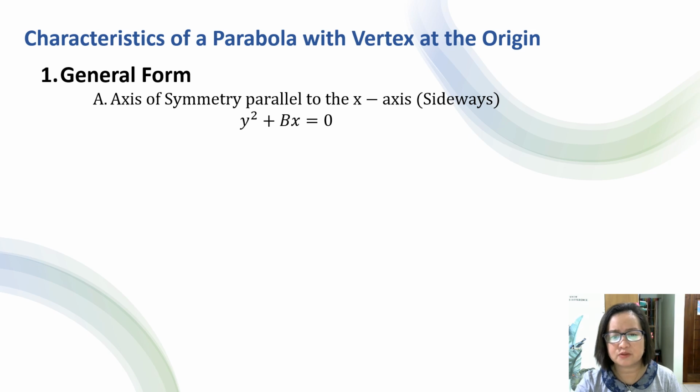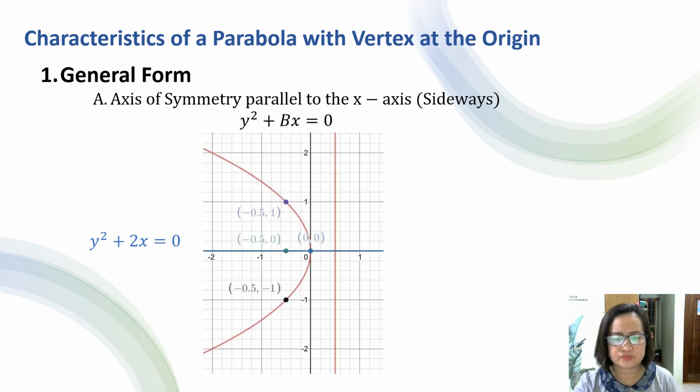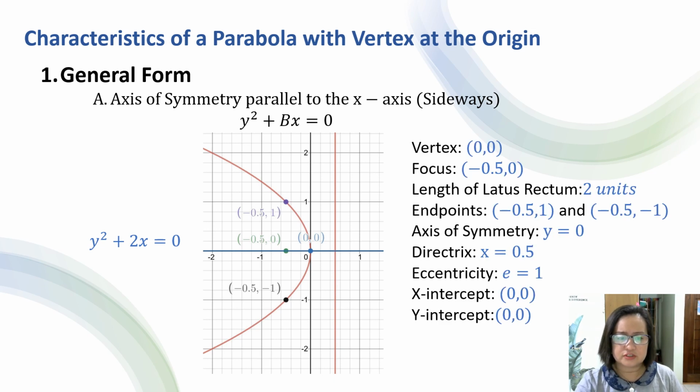For example, we have y squared plus 2x equals 0. Using Desmos, we can graph the given parabola. The vertex will be at (0, 0), which is the origin. The focus will be at (-0.5, 0).